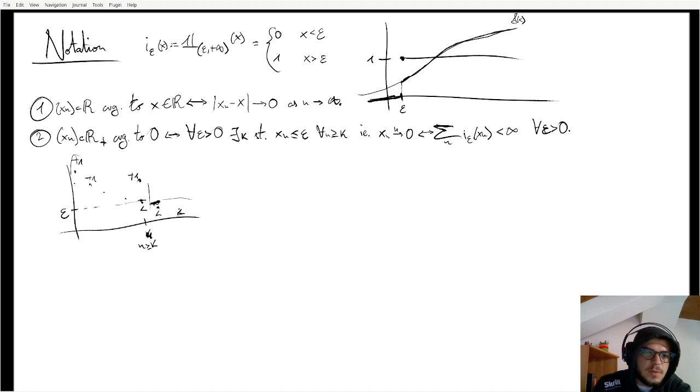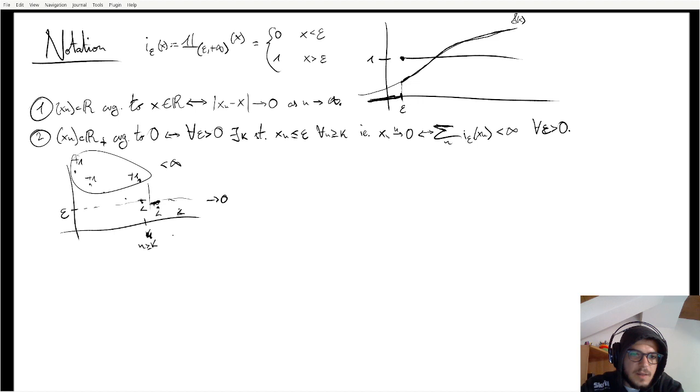If this sum is finite, it means that it converges to 0, because all the others will be smaller than this threshold, which can be as small as we want. I think this can be a quite good interpretation.